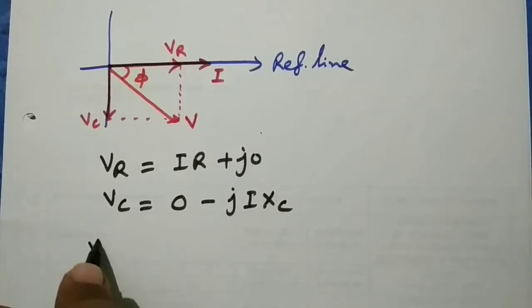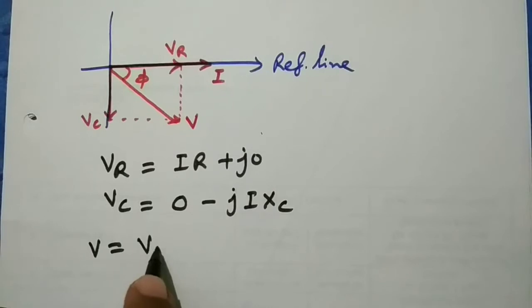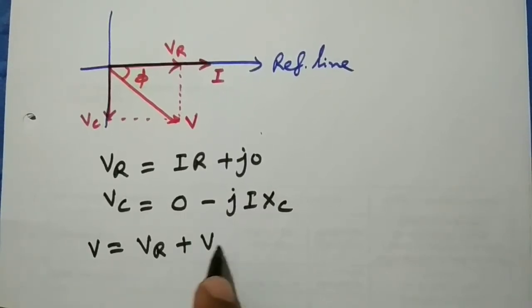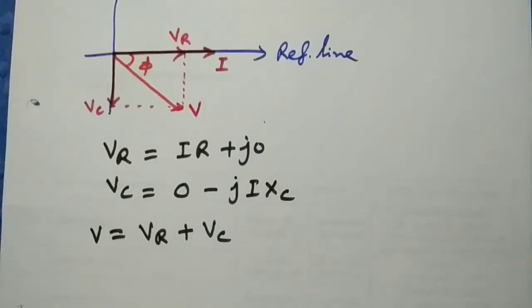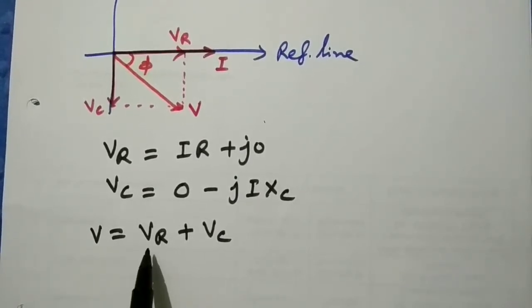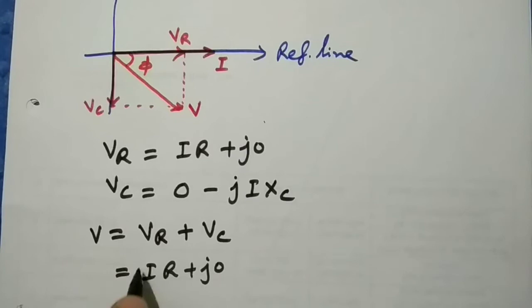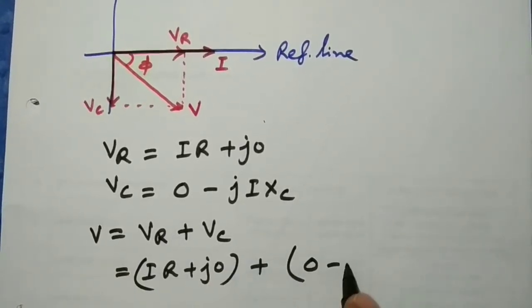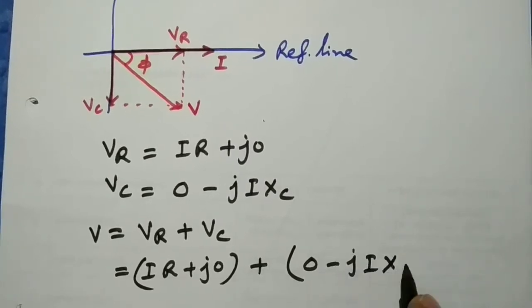Therefore, apply the KVL in the circuit. So the total supply voltage V will be the sum of VR plus VC. Remember, when we use the complex notation or do phasor algebra, we can add the AC parameters directly, but with the complex notations. So here the VR is IR plus J0 and VC is 0 minus J of I into XC.